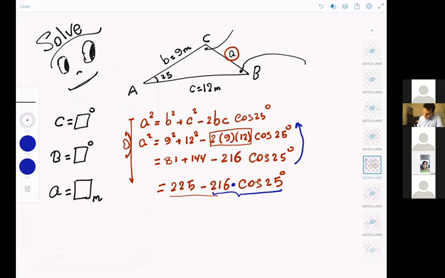I got 195.76. Then 225 minus 195.76. The answer is 29.24. Thanks, Elizabeth. So what is a now? What's the value of a?